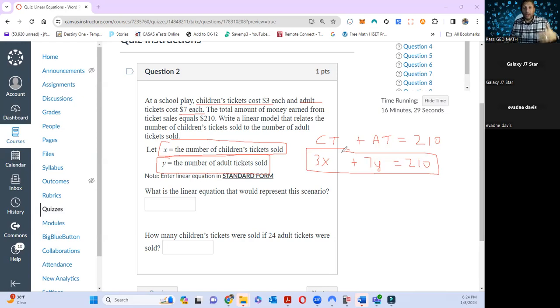You gave it to me: 3 times the number of tickets. We don't know how many tickets, but they gave us a given: X equals the number of children's tickets sold. So that's 3X. Do the same thing for adult tickets, which cost $7. So 7Y equals 210. That's my linear equation.